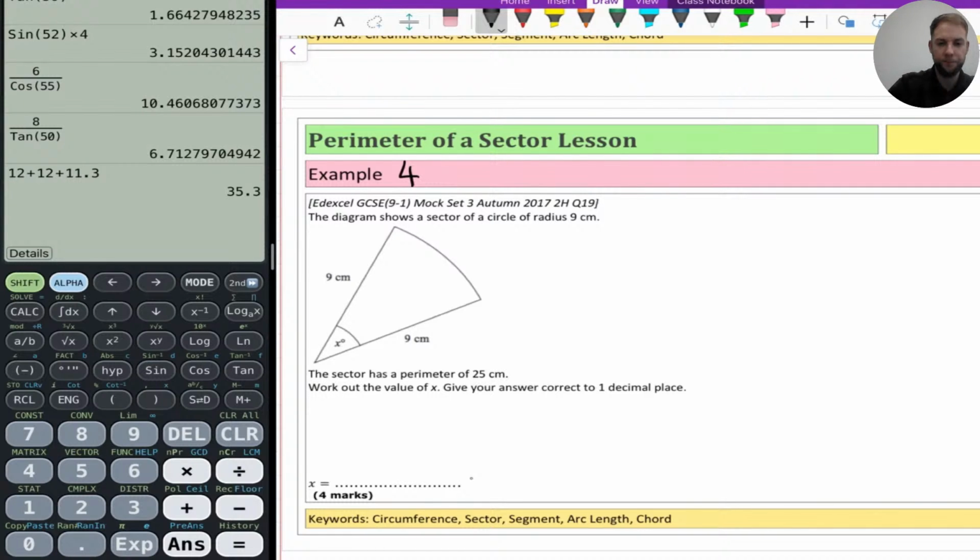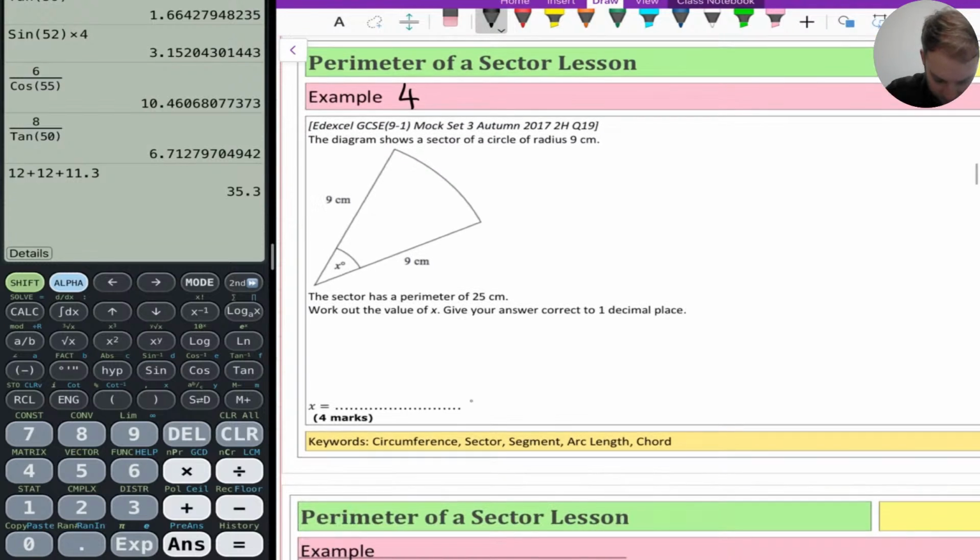So let's have a go at this one then. So this is example 4.